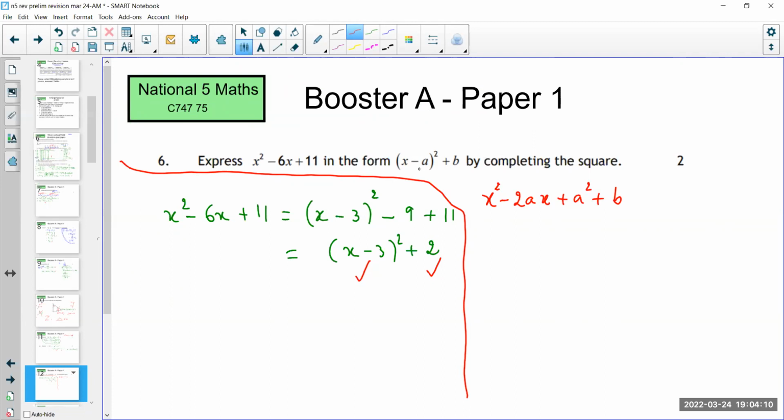Yeah, I've just expanded that. x squared minus 2ax plus a squared plus b. For this to be equal to this, -2a has got to be equal to -6, and a squared plus b has got to be equal to 11. So that part equals this, and this part equals this.